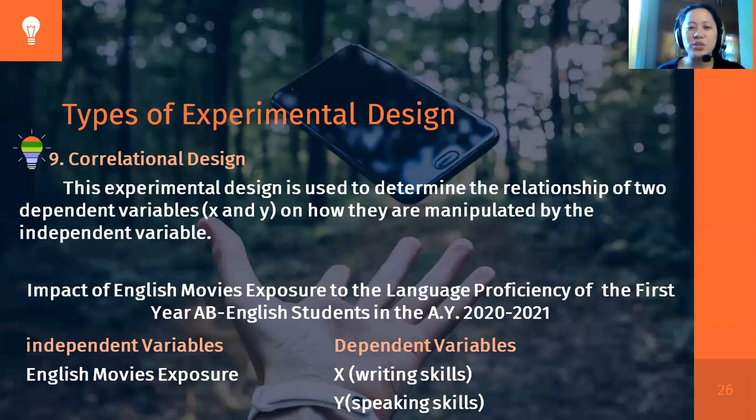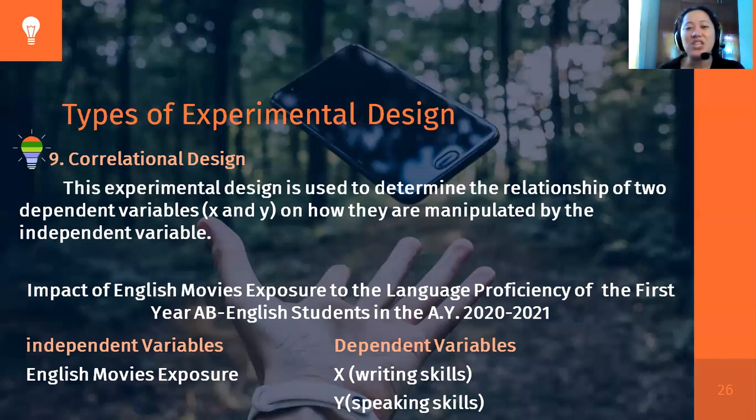In your research question, you can say, is there a significant relationship between the English movies exposure of the respondents to the language skills of the respondents as to 1.1 writing skills, 1.2 speaking skills. So there you can see your variables.